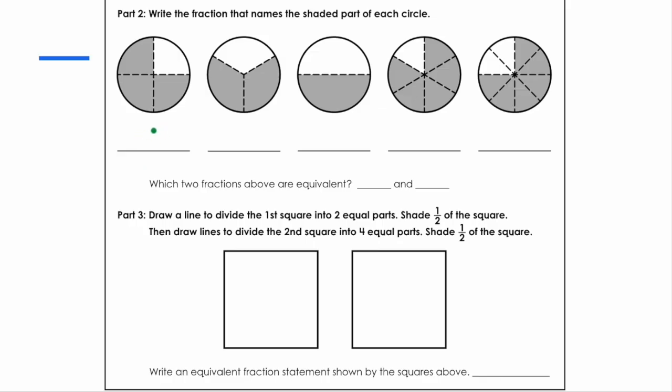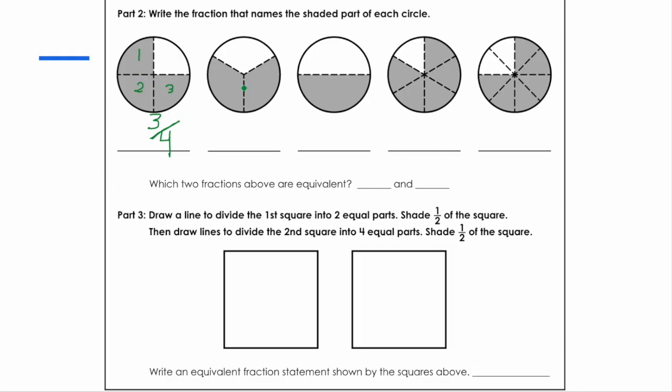The bottom number is always the total number of pieces in the shape, okay? So we have 1, 2, 3, 4. So our bottom number is a 4. How many of them are gray? Well, 1, 2, 3 of them are gray. So 3/4.